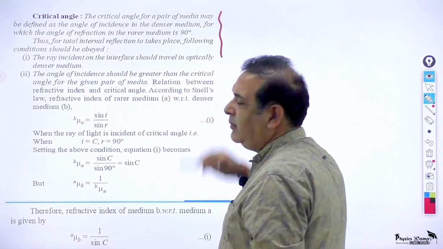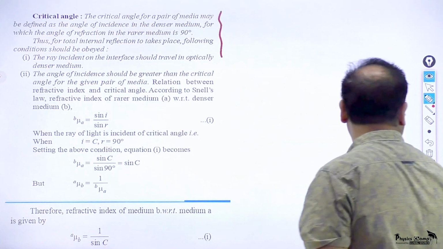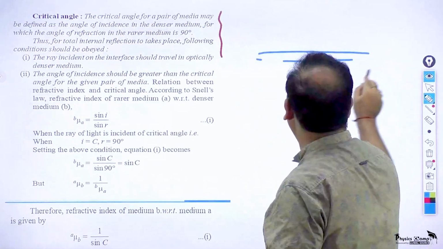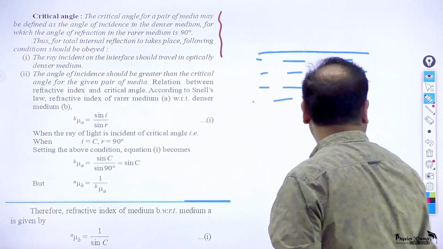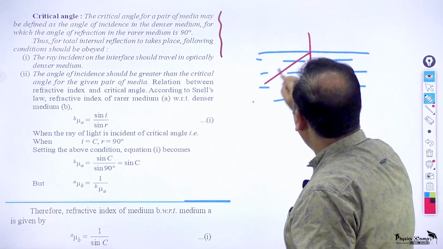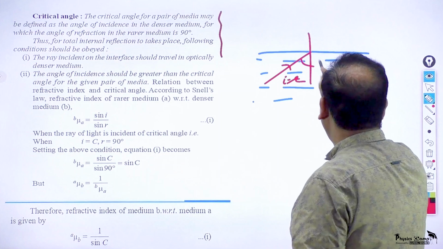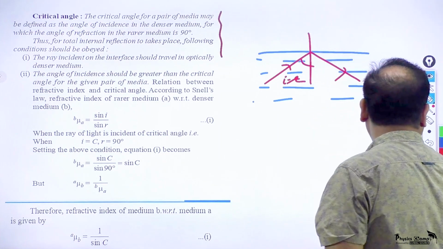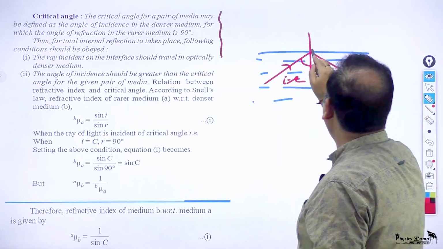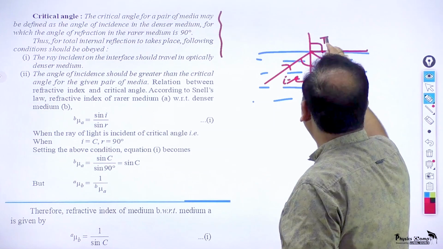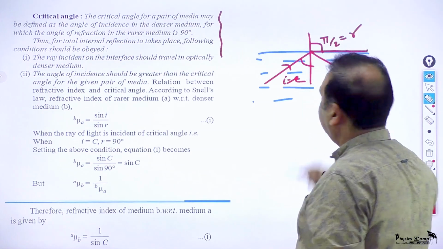Critical angle is that angle at which the reflected part goes as it is, but the refracted part is making an angle of 90 degrees with the normal.